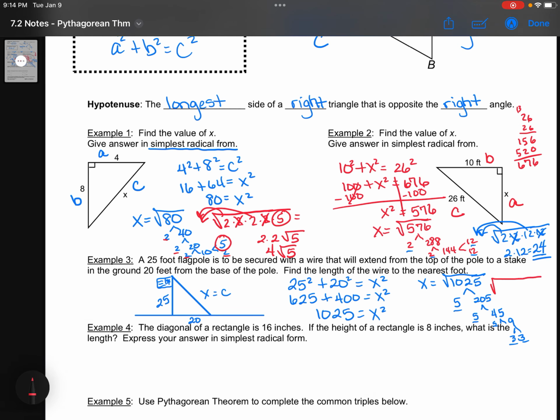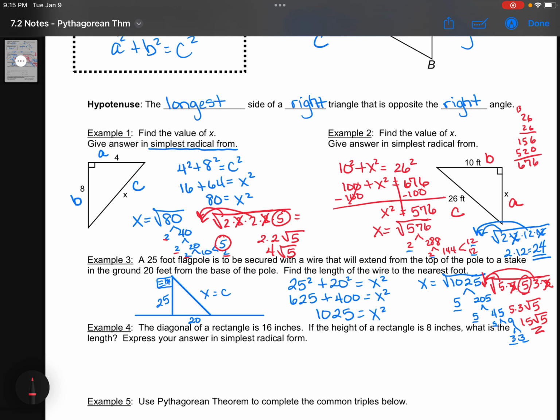So I end up with 5 times 5 times 5 times 3 times 3. Okay. 5 goes out. 3 goes out. This 5 stays in because it does not have a pair. So I have 5 times 3 times the square root of 5, which is 15 times the square root of 5.